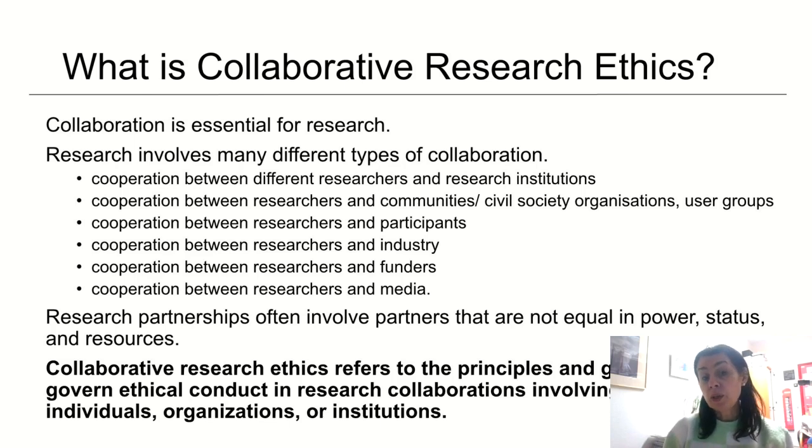We will have cooperation between researchers and participants, between researchers and industry, between researchers and funders, or even between researchers and media. So very often the research partnership involves partners that are not equal in power, status, and resources, and issues might arise concerning exactly this point.